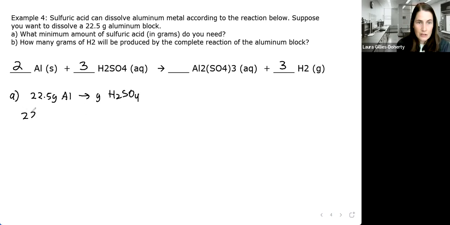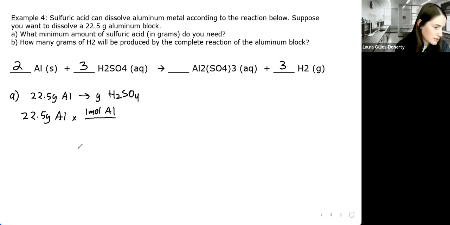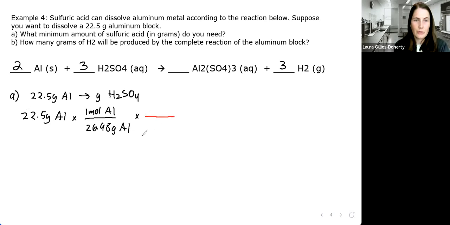So we're going to start with 22.5 grams of aluminum. You've got to go through molar mass to do stoichiometry. So every 1 mole of aluminum from the periodic table weighs 26.98 grams. And then we're going to use our balanced chemical equation to convert from moles of aluminum to moles of sulfuric acid.